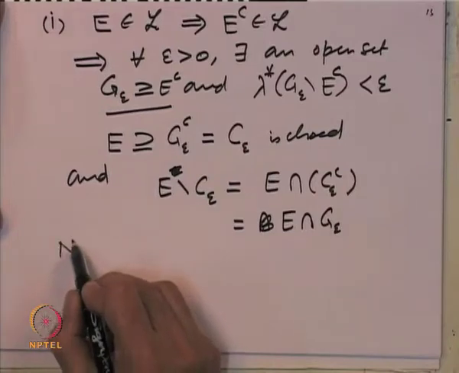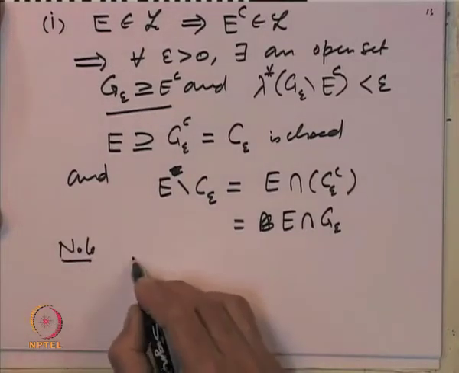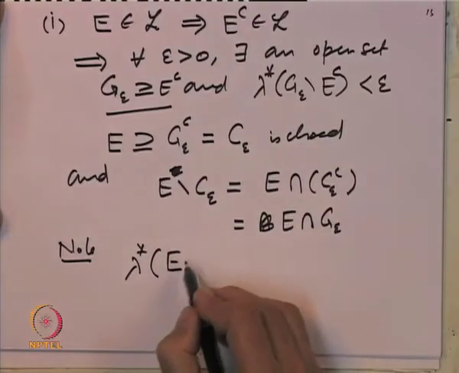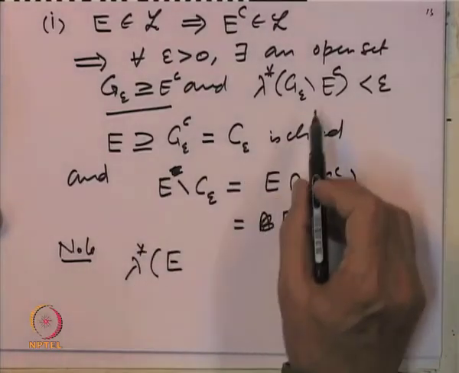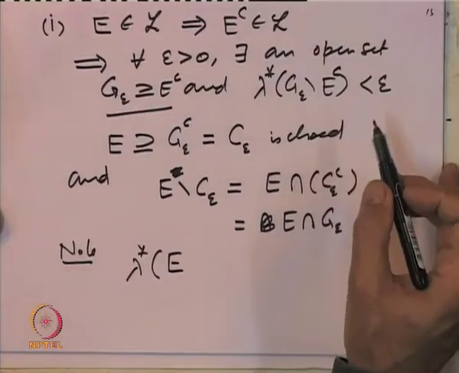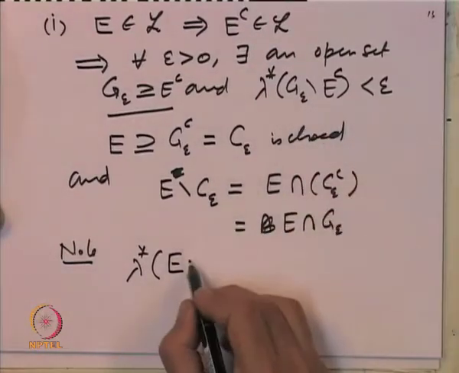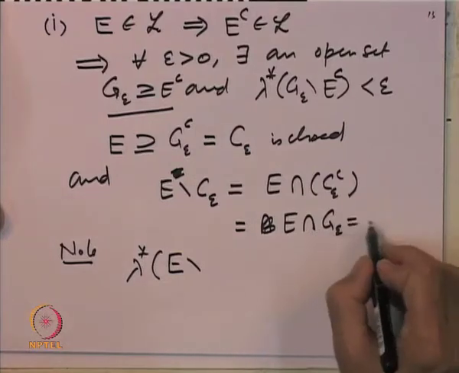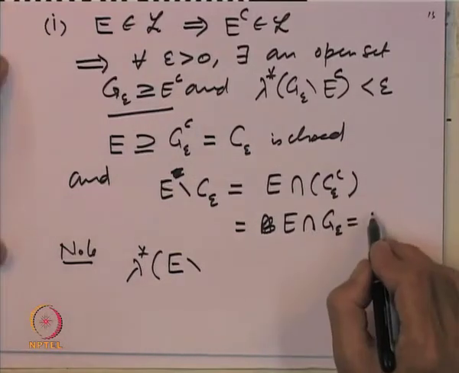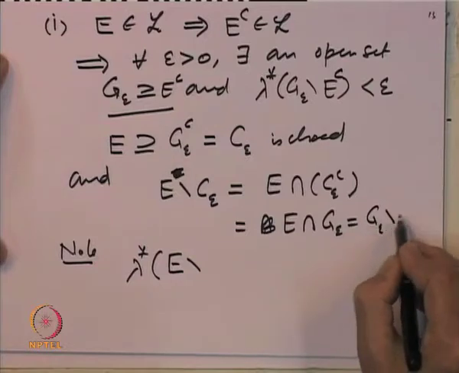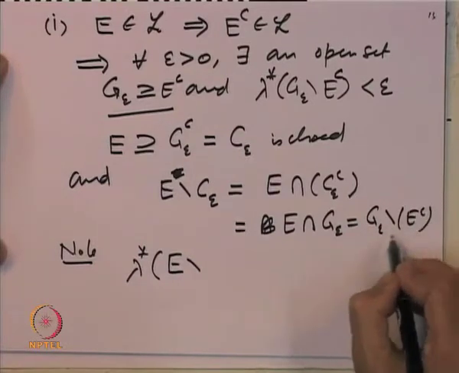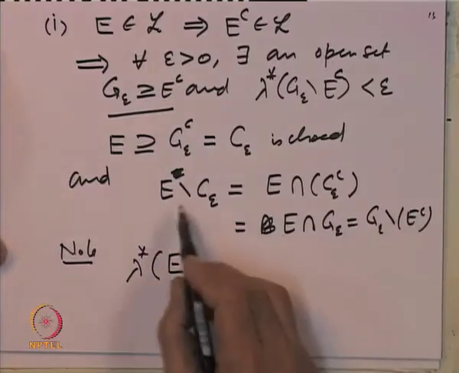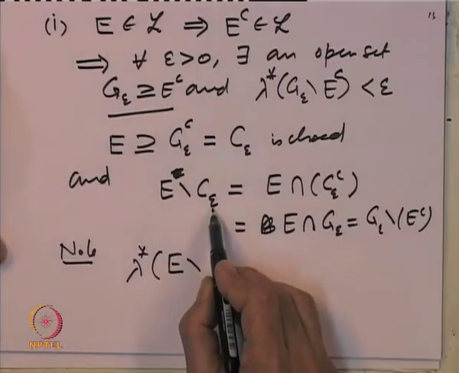Now note that the Lebesgue outer measure of E minus C epsilon, we can also write it as G epsilon minus E complement, because E complement will be E minus C epsilon.